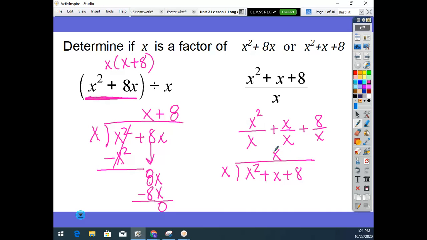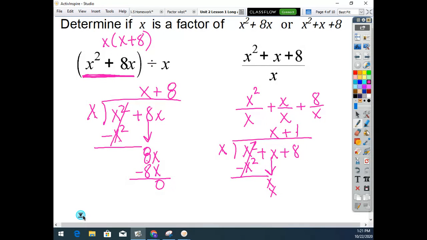X, and x times x is x squared. Subtract, it cancels out. Bring down x. X times what is x? 1. I'm just putting this plus in there as a placeholder. 1 times x is x. Subtract 0. Bring down 8. We can't multiply x times anything to get 8, so our remainder is 8. This tells us it's a remainder because it can't go in evenly.